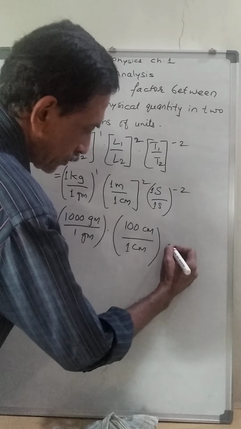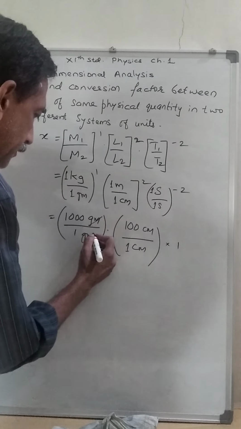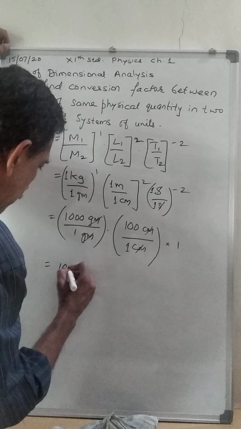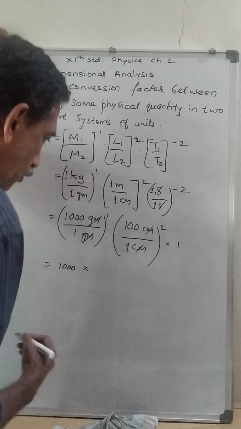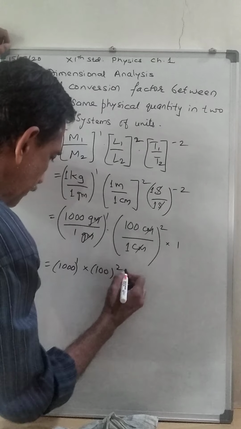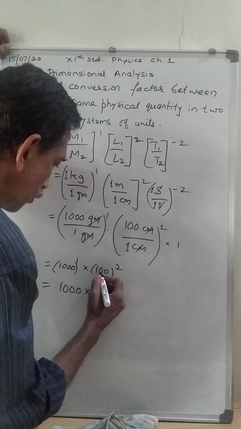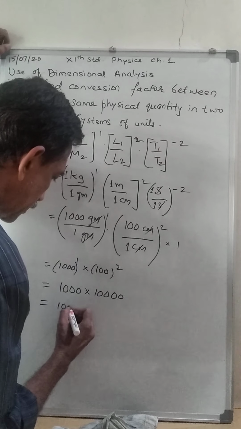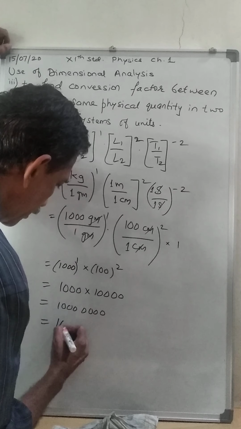The second cancels out, so that is 1. Gram cancels, centimeter cancels, so we get 1000 raised to 1 into 100 raised to 2, which is 1000 into 10000, giving 10 raised to 7.